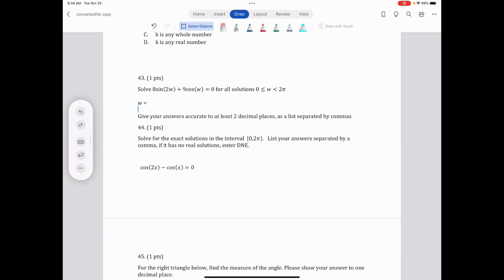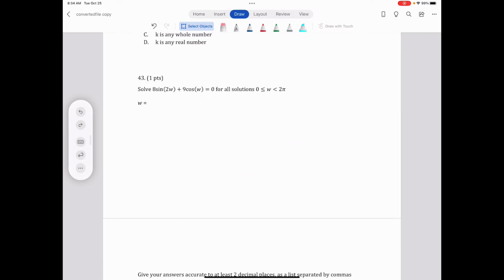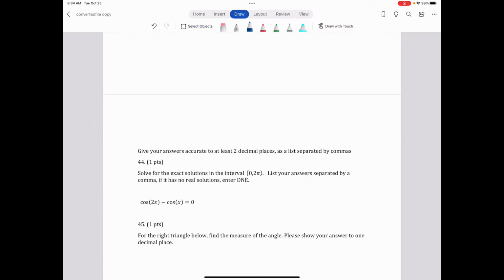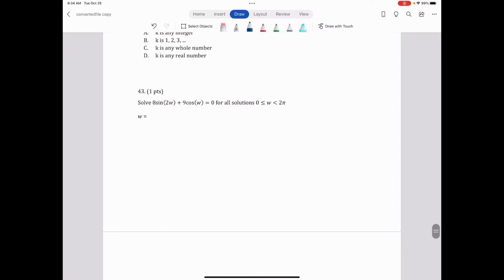Number 43. So question number 43, we have 8 sine 2w plus 9 cosine w equals 0. First, we need to write the double angle as a single angle.